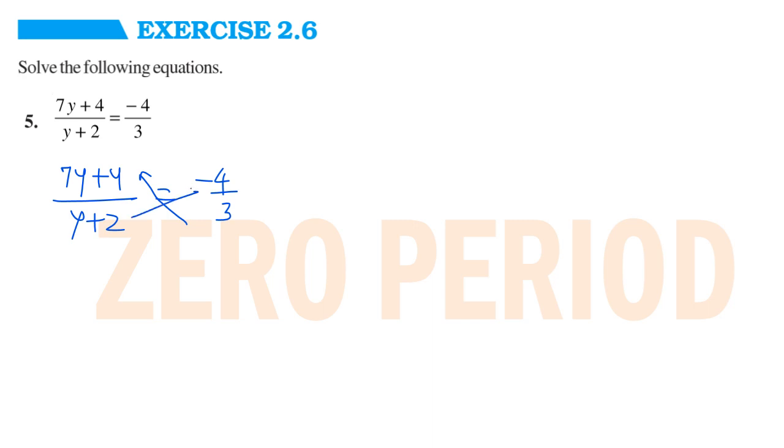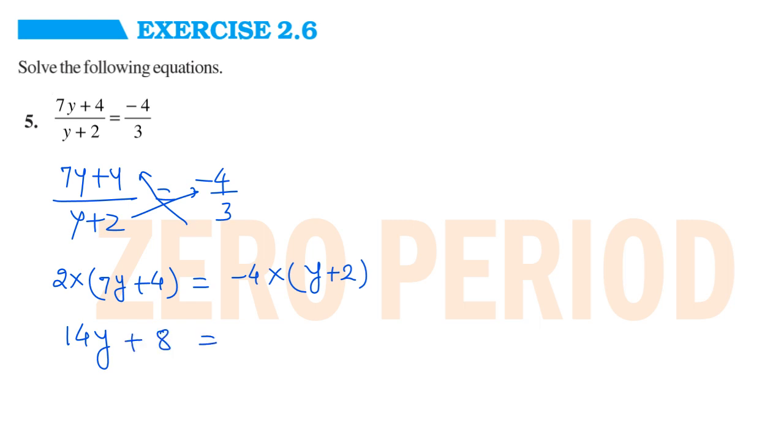I just use it in this way. 3 goes to the left hand side and multiplies with 7y plus 4, and here -4 multiplies with y plus 2. 2 into 7 is 14y, and 2 into 4 is 8, and this will be -4y and -8.